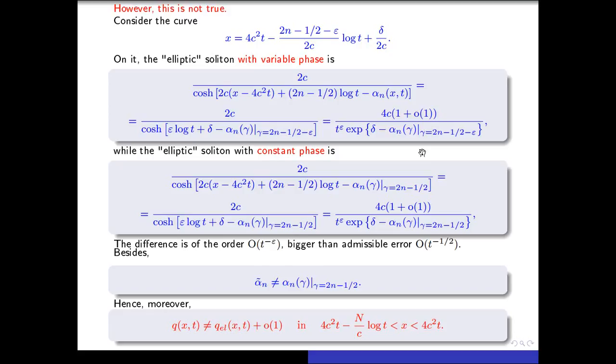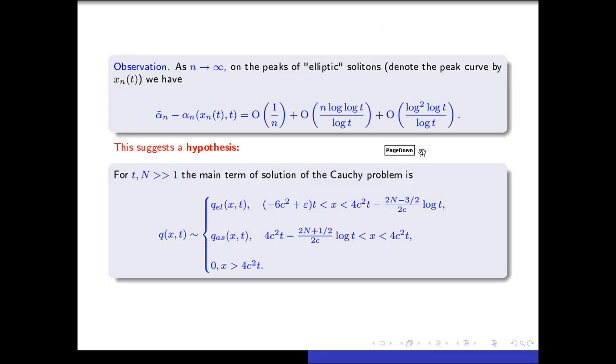Let us also take a look at α_n at the peaks of elliptic solitons. What do we see? We see that these expressions for α_n and for α̃_n are actually very different.